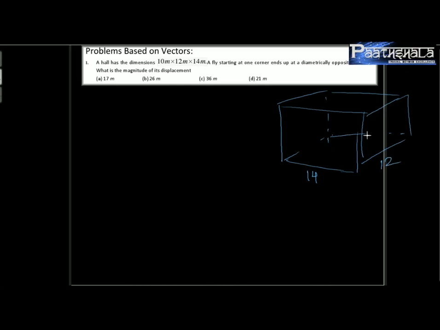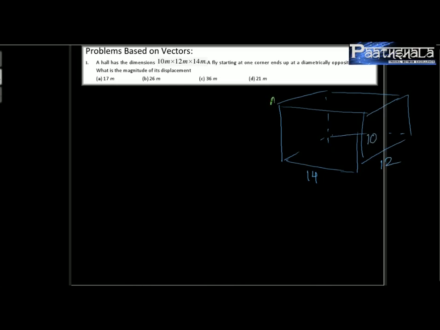Okay, let us look at the first problem of vectors now. There is a hall that has the dimensions of 10, 12 and 14. So let me draw it here for you. This is the hall with the dimensions of 14, 12 and 10.